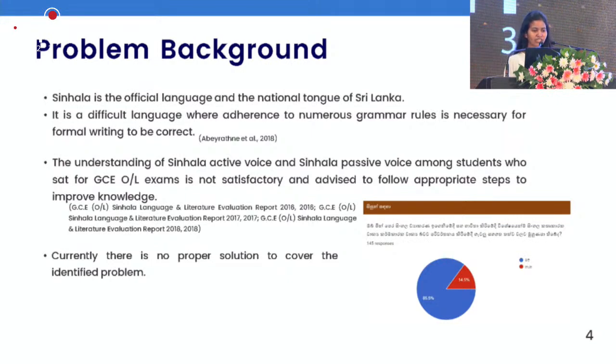Currently there is no proper solution to cover that identified problem. Also, this figure represents an output received from a requirement gathering survey conducted by the author. According to that, 85.5% of students faced difficulty while learning and practicing Sinhala active voice into passive voice conversion related exercises.